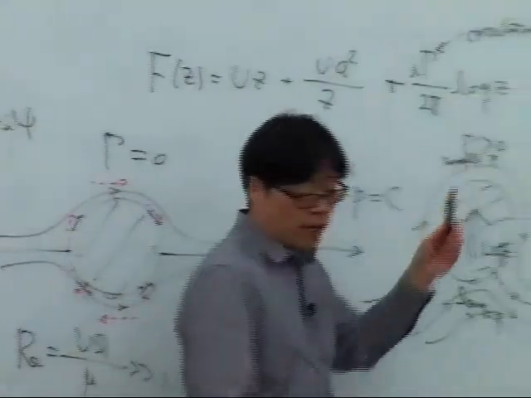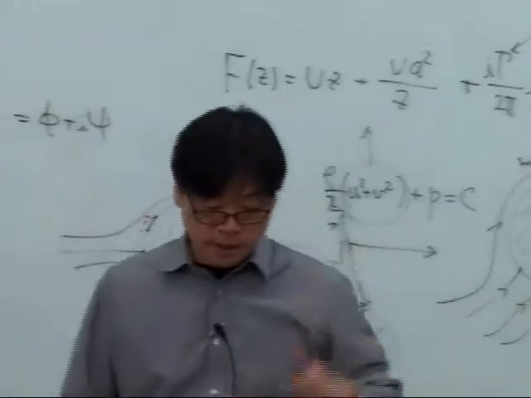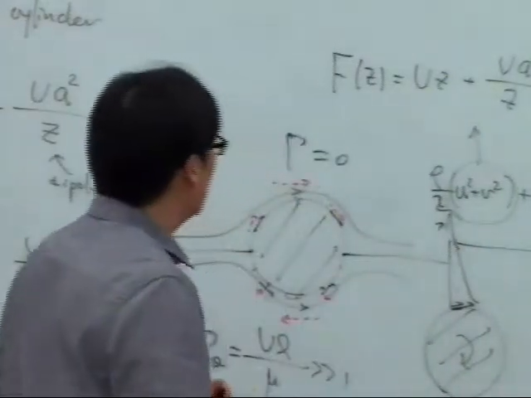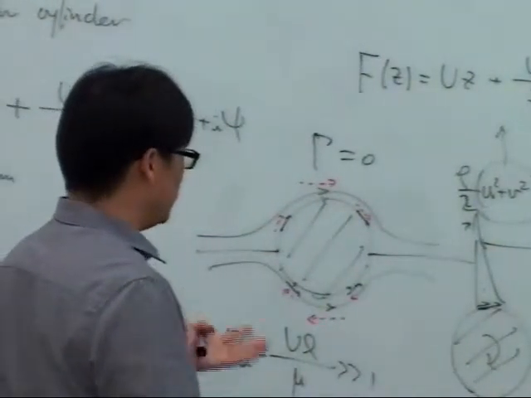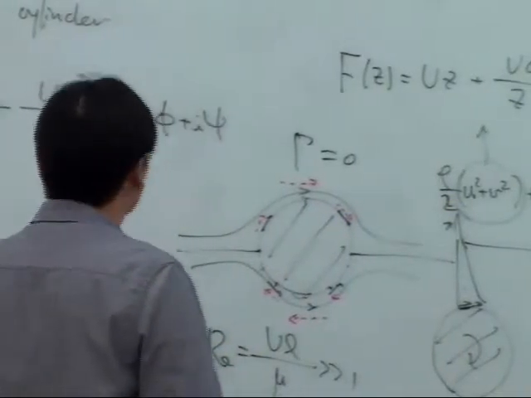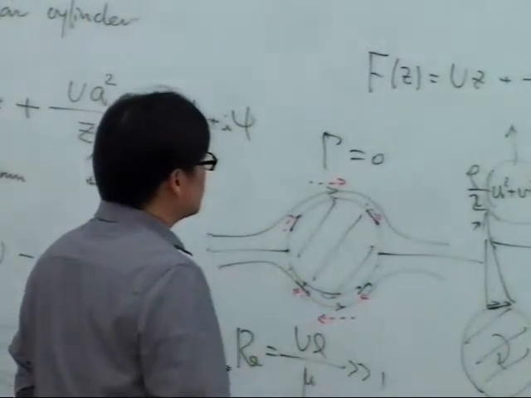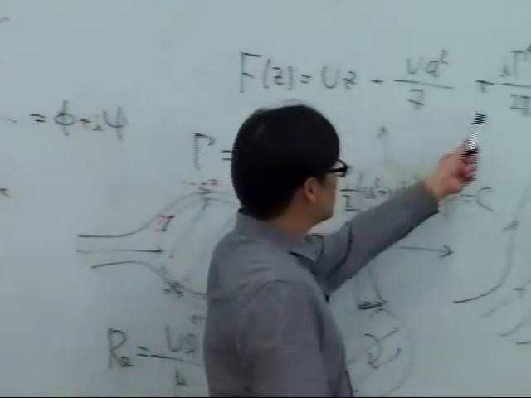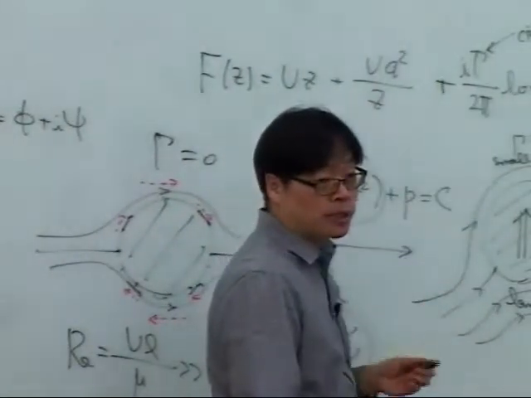But as soon as you add in a vortex, then the body can experience force, which we call lift. Anyway, so all those things can be explained easily by using complex potential.